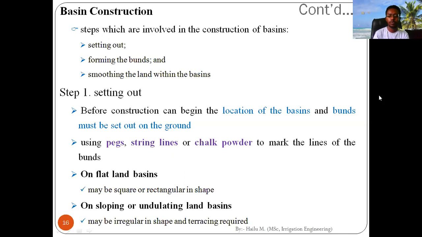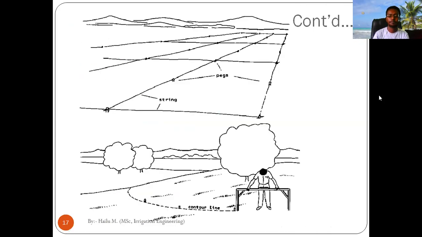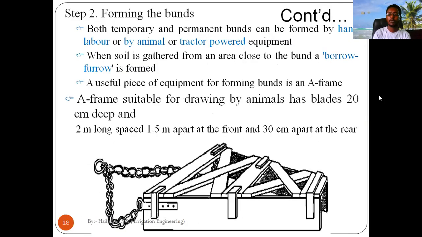On sloping or undulating land, basins may be regular in shape and follow the contour. So this figure shows the steps we have to follow in laying out basins.